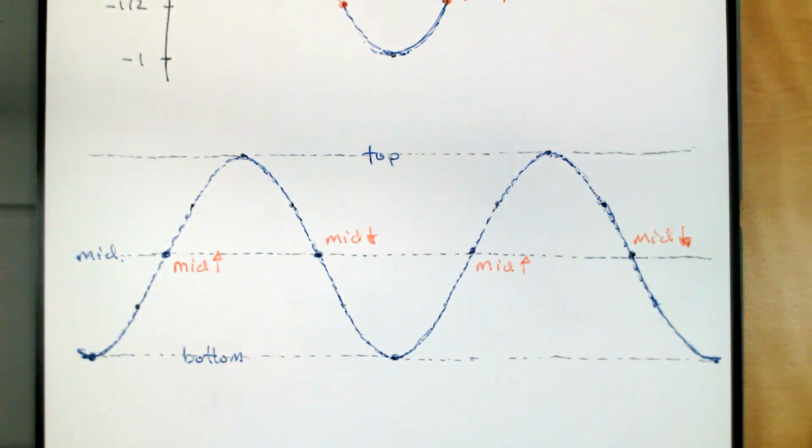I want to name some distances. The distance from the middle to the top will always be the same as the distance from the middle to the bottom. And we're going to call that distance the amplitude.